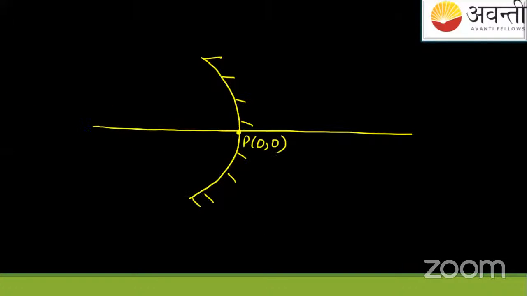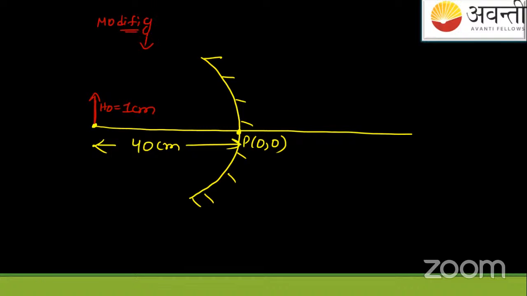The object is at a distance of 40 centimeters from the pole. This object also has a height of 1 centimeter. Now they'll ask you to specify the position and the height of the image. So this question can be modified and asked in this manner.